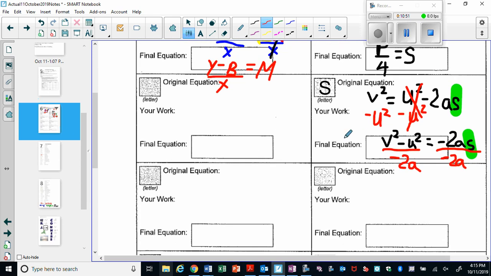So now here, our negative 2A's both cancel out. And then on this side, we can just leave it intact. So we have isolated our variable S, and the result is V squared minus U squared over negative 2A.